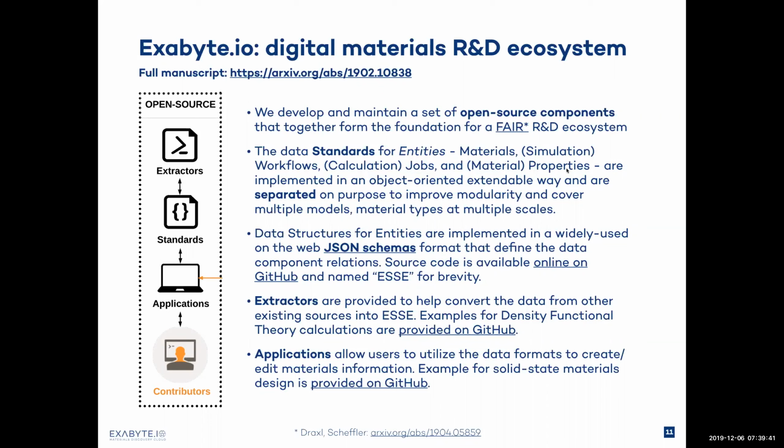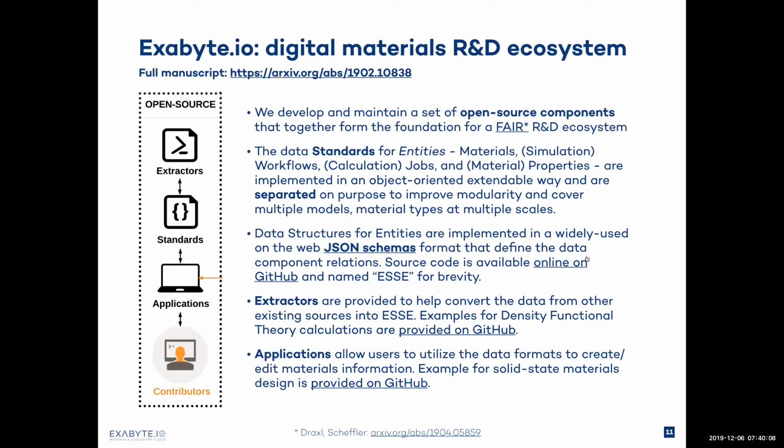All of these entities are implemented in an object-oriented, extendable way and separated on purpose. In many cases, when we run simulations, we do not separate the information about the simulation workflow and the material structure, and that leads to confusion and a lot of problems along the way. So we separate this information and these entities on purpose and create different data structures.